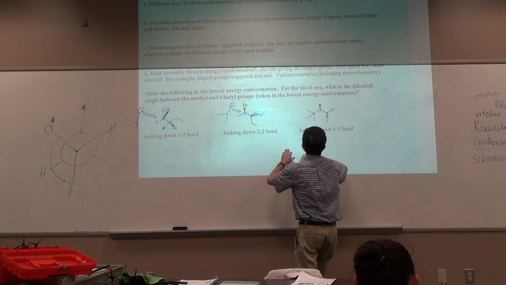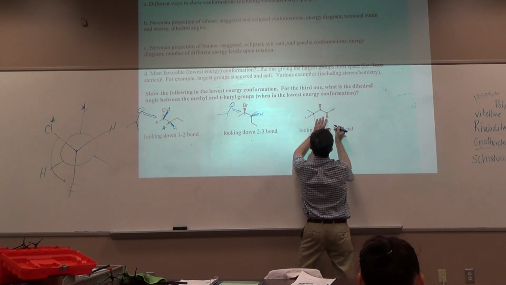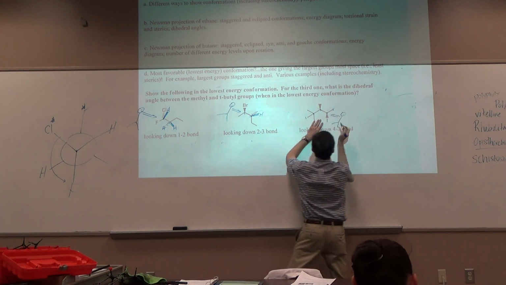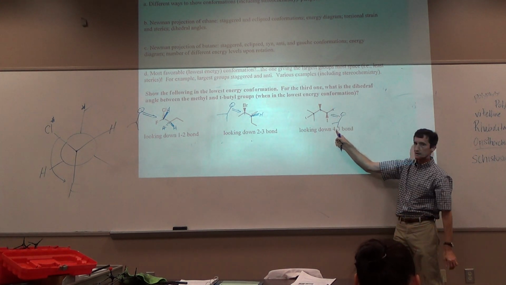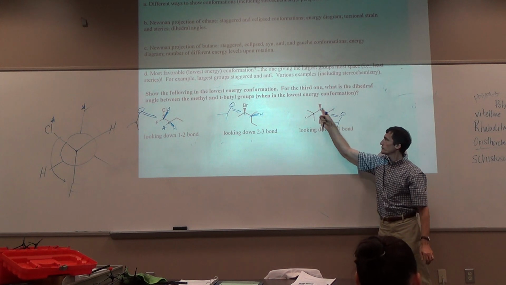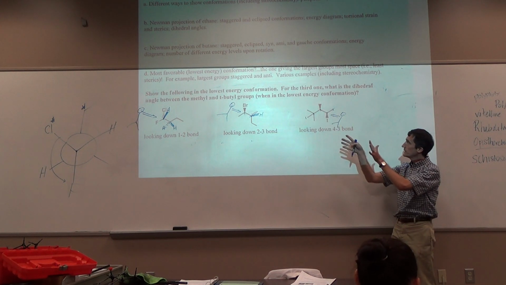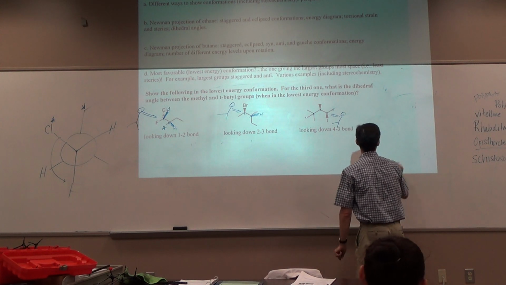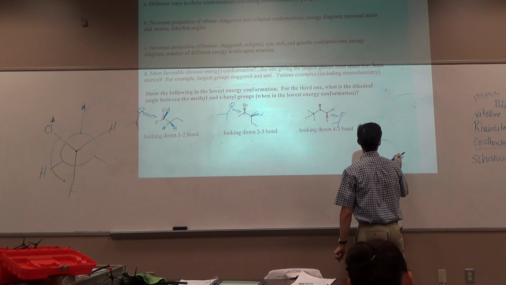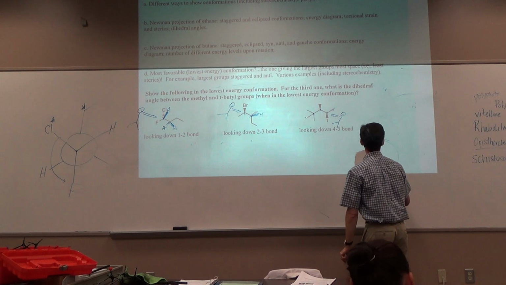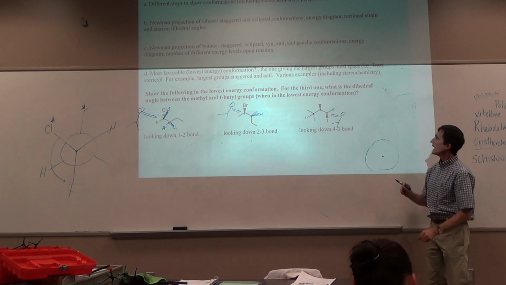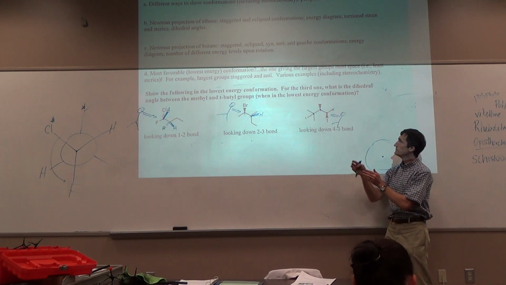I think that's one. Looking down the 4-3, so that means we're over here. It's 4 in the front. That's what I mean by this. 4-3. 4 in the front. It's supposed to be a circle. What's on 4 carbon?